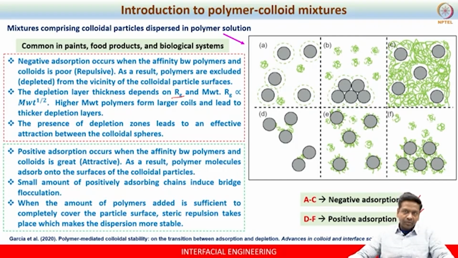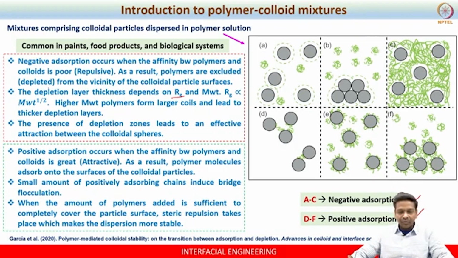So molecular weight is also an important parameter that controls the depletion layer thickness. Both Rg and molecular weight are important parameters in the depletion layer thickness. As a result, the presence of these depletion zones leads to an effective attraction between the colloidal particles.